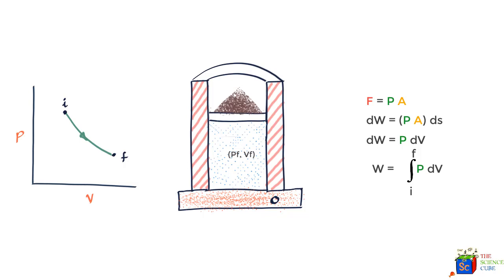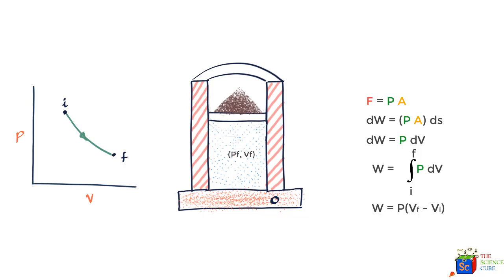Now, what we need to remember here is that during volume change, the pressure and temperature also changes. So we really need to know how P changes with volume to do this integration. Well, if pressure is a constant, then this integral is very simple and it will simply be P into Vf minus Vi, or V final, volume final minus the initial volume.